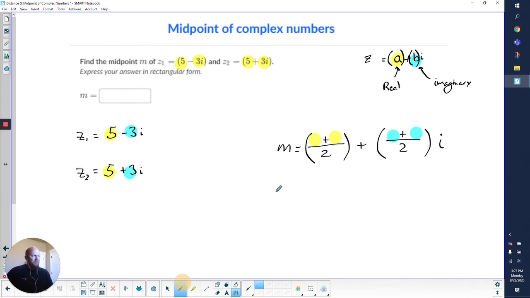All right, so the numbers here are going to go pretty smooth, because if you average 5 and 5, you're going to get 10 over 2, which is obviously going to reduce back to 5. The average of 5 and 5 is 5. Okay. Breaking news. And then -3 and +3. Okay.